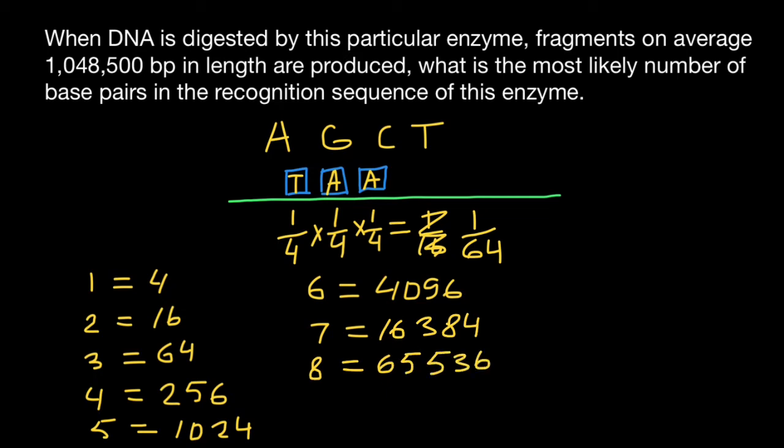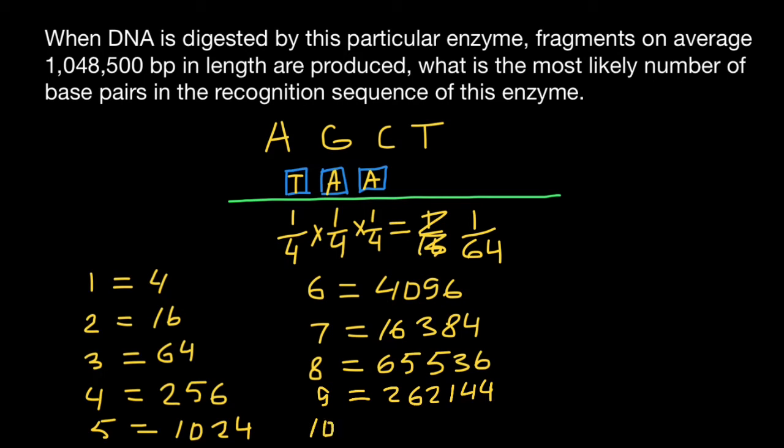65,536 base pairs. With a recognition site which consists of 9 base pairs, we are going to get 1 cut every 262,144 base pairs.